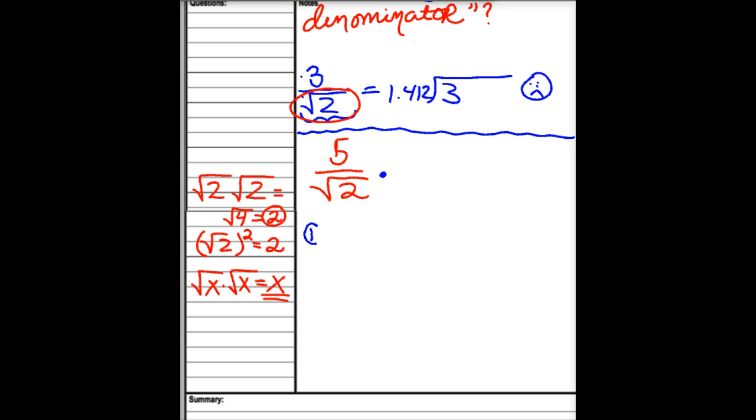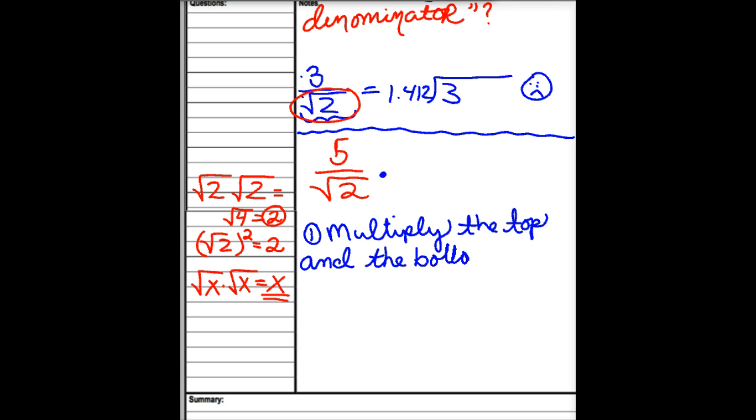So what they did is, let's do the steps right here. They would multiply the top, the numerator, and the bottom, the denominator, by the root on the bottom.